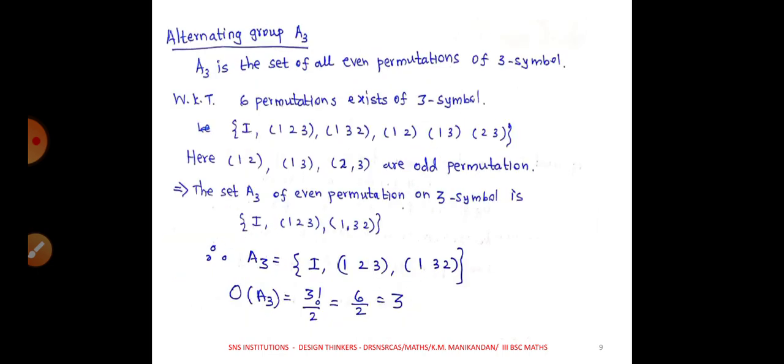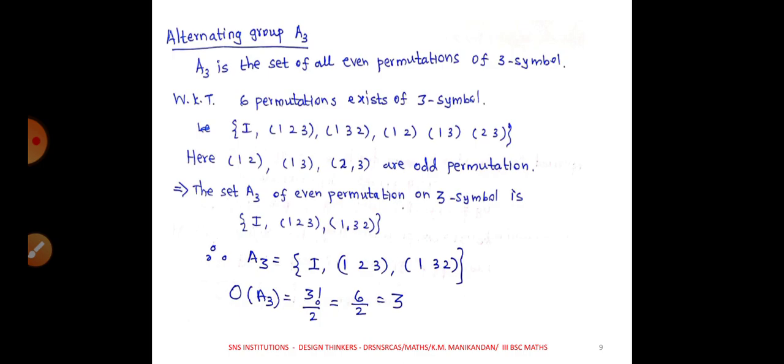So we give the example of the alternating group A3. A3 is the set of all even permutations of 3 symbols. We know that 6 permutations exist on 3 symbols, namely the S3 group: I, (1 2 3), (1 3 2), (1 2), (1 3) and (2 3). Here the permutations (1 2), (1 3), (2 3) are the odd permutations.